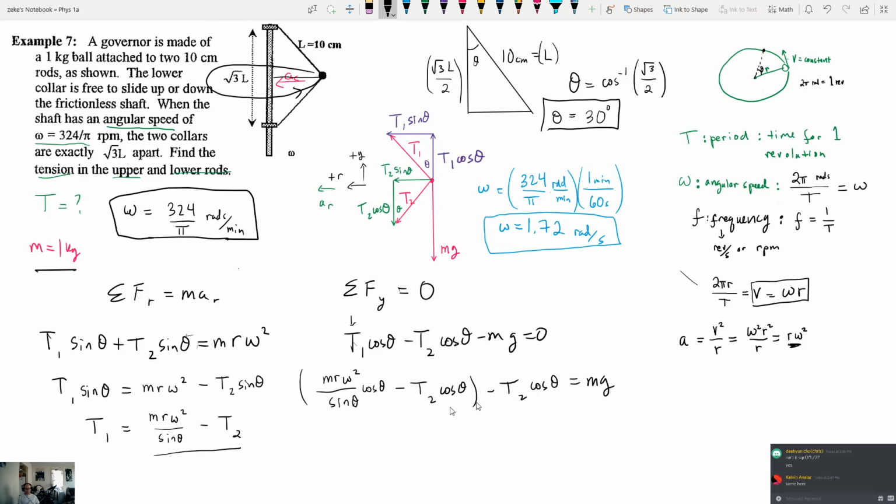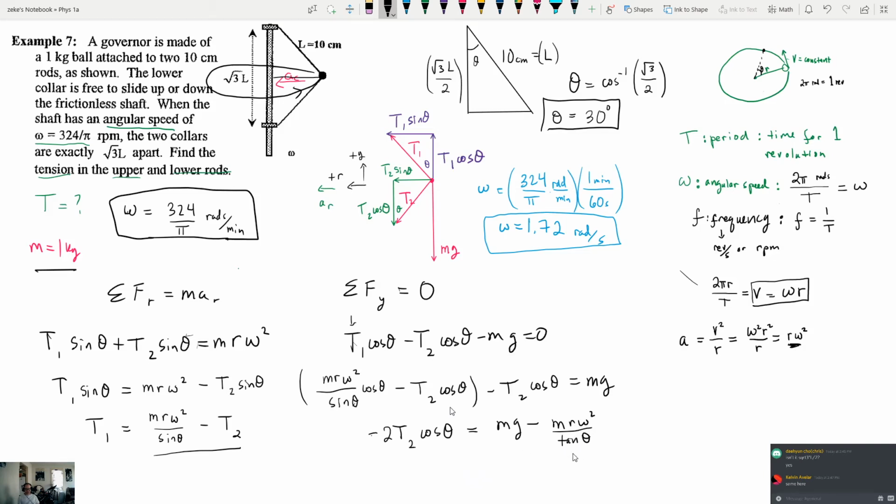And we just want to solve for t2, right? So we're going to end up getting, and I'll do it like that. I don't like doing it this way, but I will, just to be more clear. So negative 2 t2 cos theta is equal to mg minus m r omega squared over tan theta, because cosine over sine is cotangent.